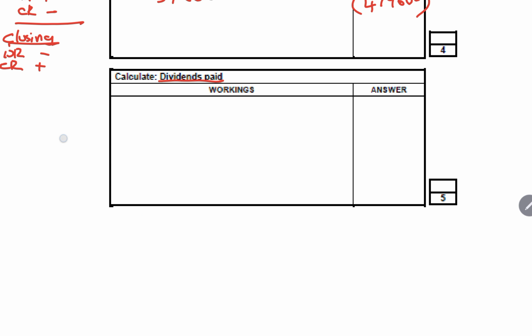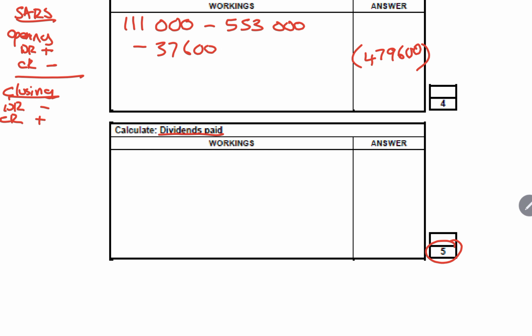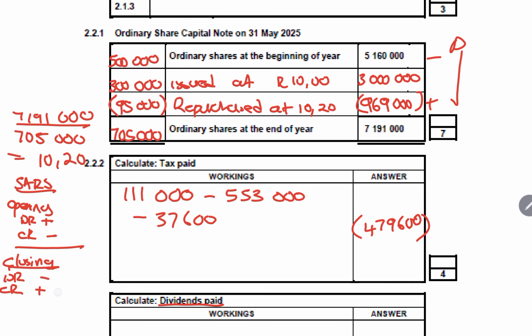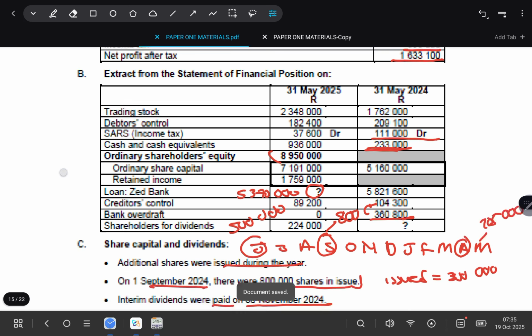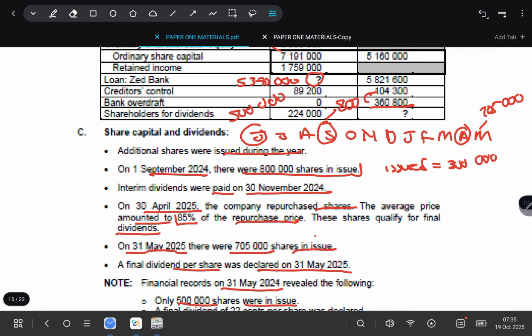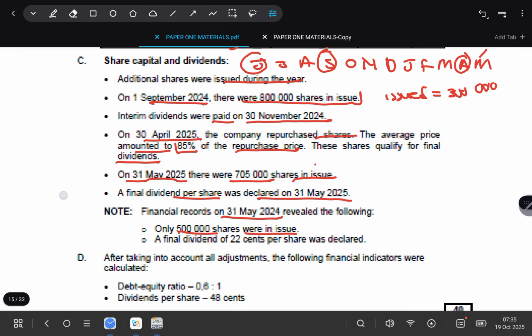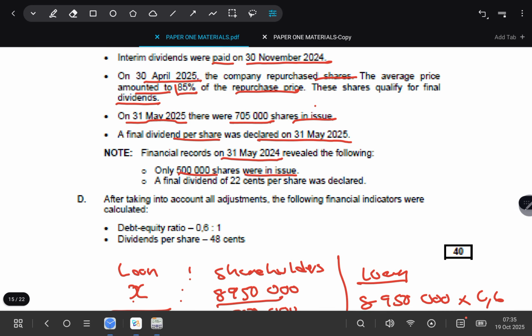Okay. Then next, they say we need to calculate dividends paid. So in terms of dividends paid, you see, guys, it's 5 marks. It means that it won't be as easy as you think it would be. But what you can do for dividends paid, you can look at the information that they told you. They told us that, let's check.